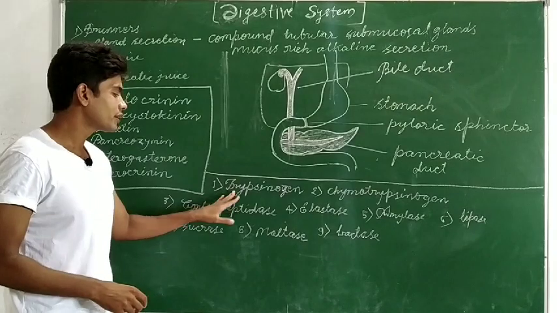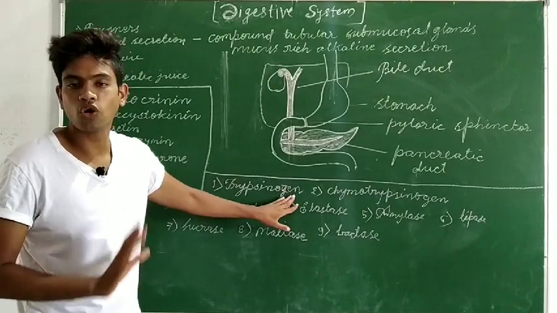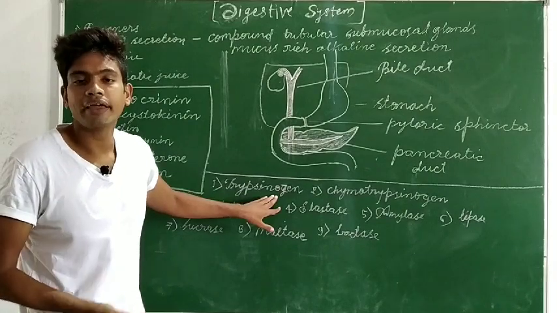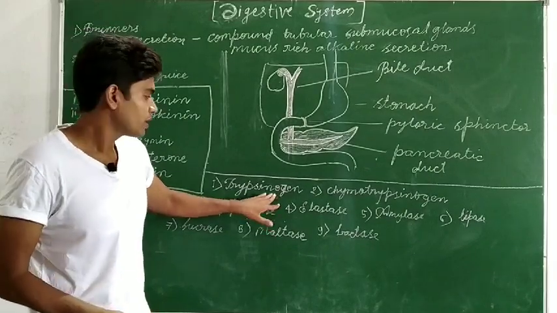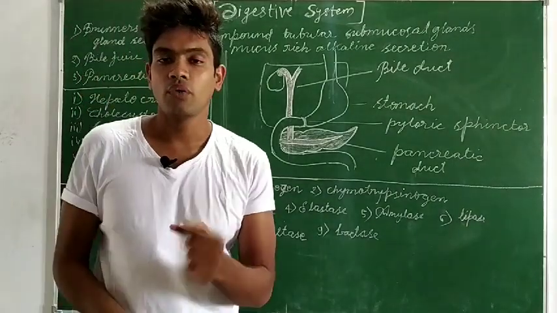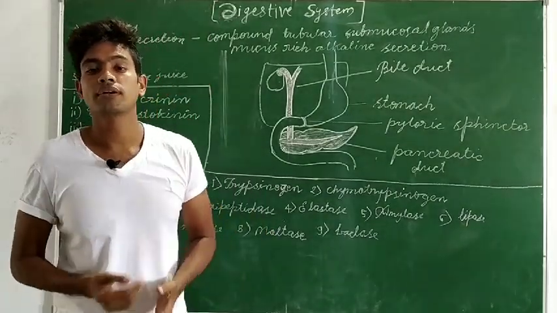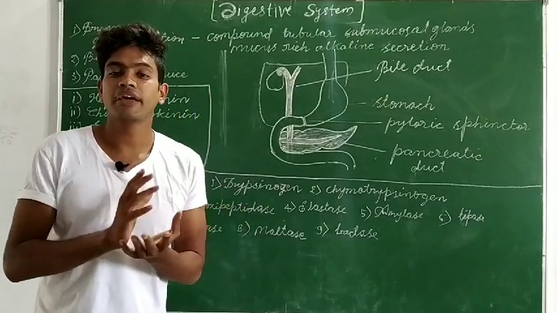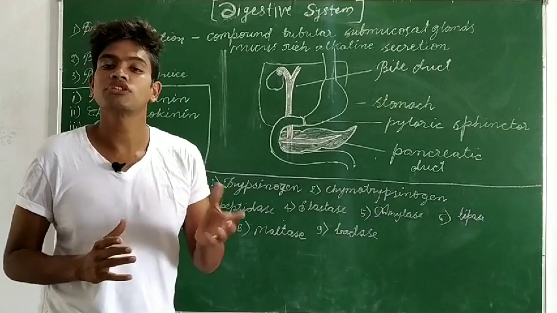So first of all, trypsinogen. It is not an active enzyme. It is activated into trypsin by enterokinase. Now trypsin is the most effective proteolytic enzyme. I said the word proteolytic. What do you mean by proteolytic? Proteolytic means anything which breaks the complex structures of protein into simpler ones.